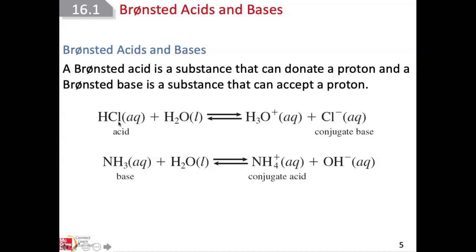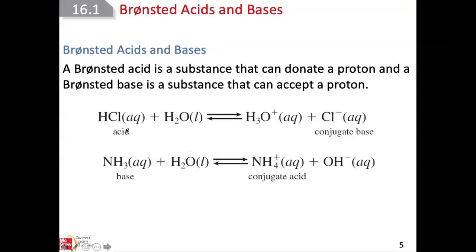We call it the acid because in water, in H2O, it can donate this H plus to the H2O. After H2O takes the H plus, it becomes H3O plus. H3O plus is called the hydronium ion. What is left from the HCl after it donates H plus is just Cl minus.